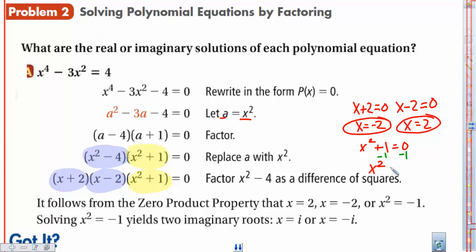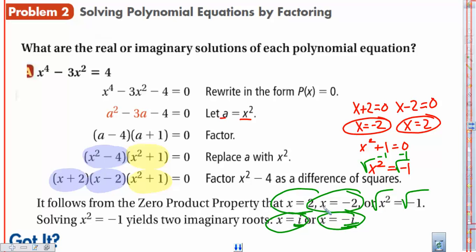X squared would be equal to a negative 1. And in the previous lesson, we learned that to solve that, we take the square root of both sides, and the square root of negative 1, as we can see right here, they put that in the text, would be i and negative i, plus or minus i. So there's all 1, 2, 3, 4 solutions right there to that quartic polynomial.